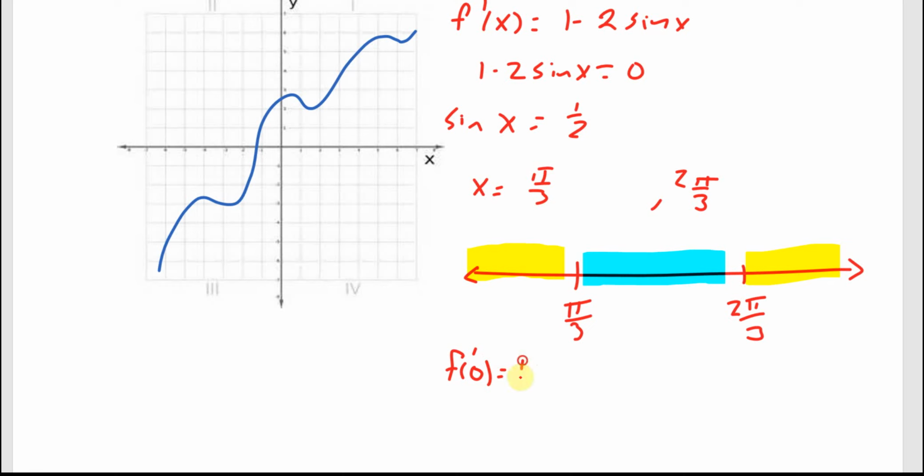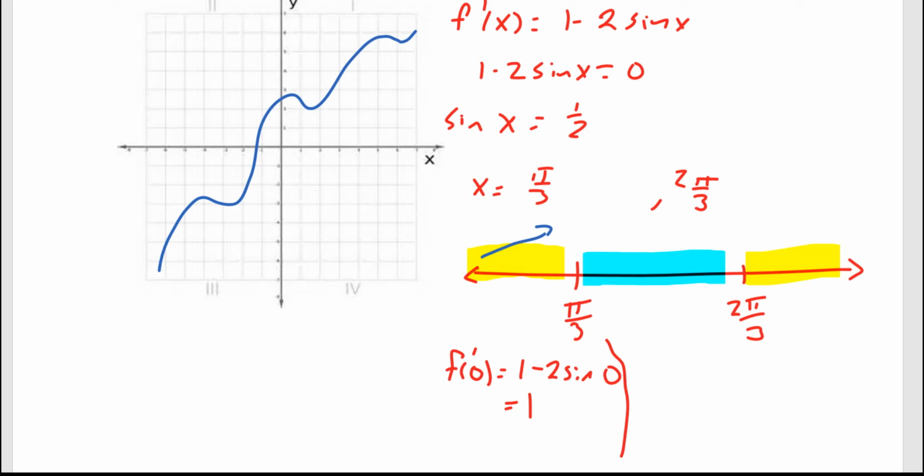Okay, so 1 minus 2 sine of 0. If you wanted to grab a calculator and do it, sine of 0 is just 0. So that is just going to equal 1, right? And then that tells me it's positive, so I know my function at this point is headed uphill. It's increasing.